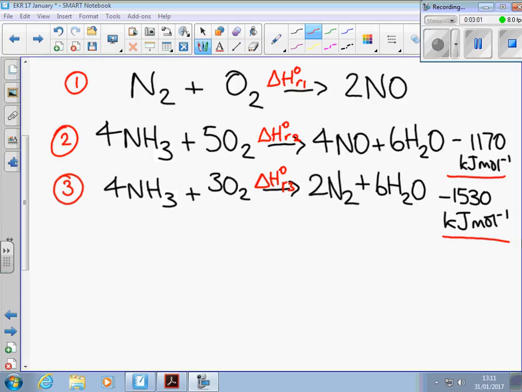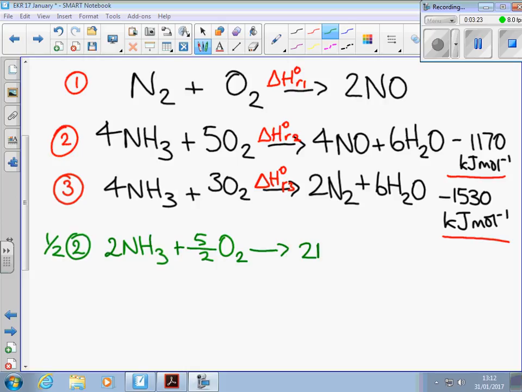All right, this might not make much sense until it's written down. Fingers crossed it does. All right, so if we half equation 2, we get 2 NH3s plus 5 over 2 oxygens will give us 2 NOs and 3 H2Os.